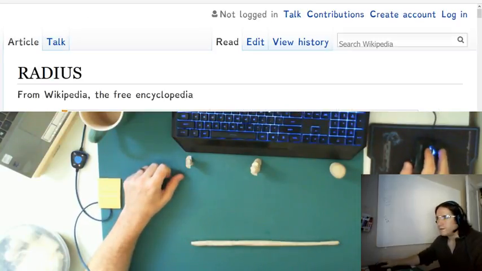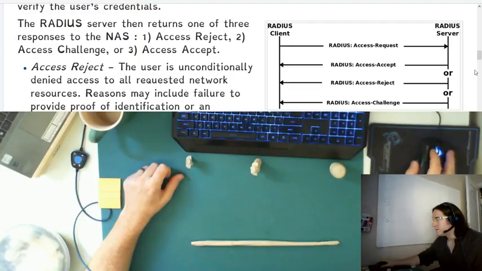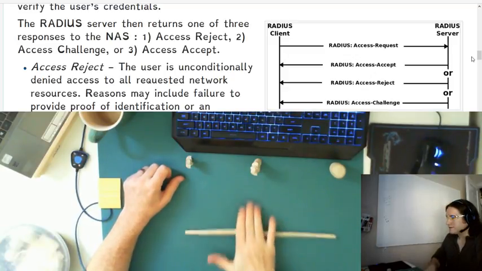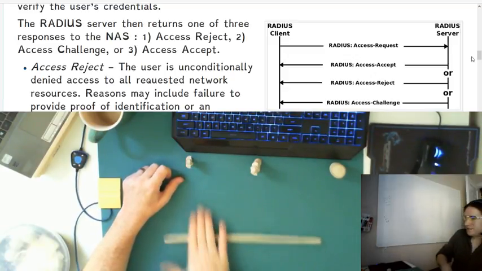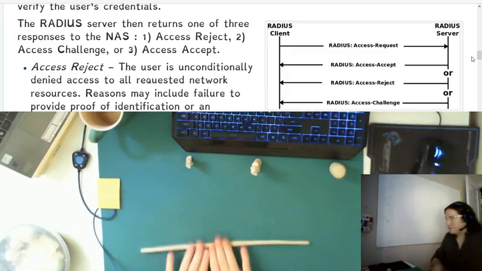So the RADIUS access request, access accept, access reject, access challenge.